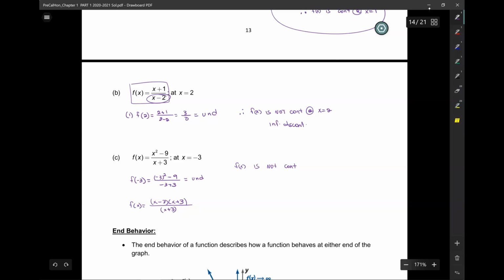Clearly at x equals negative 3, the denominator is 0, so it's a discontinuity. But look, you can cancel that with something in the numerator. And since you can cancel it, you say it's a removable discontinuity at x equals negative 3.